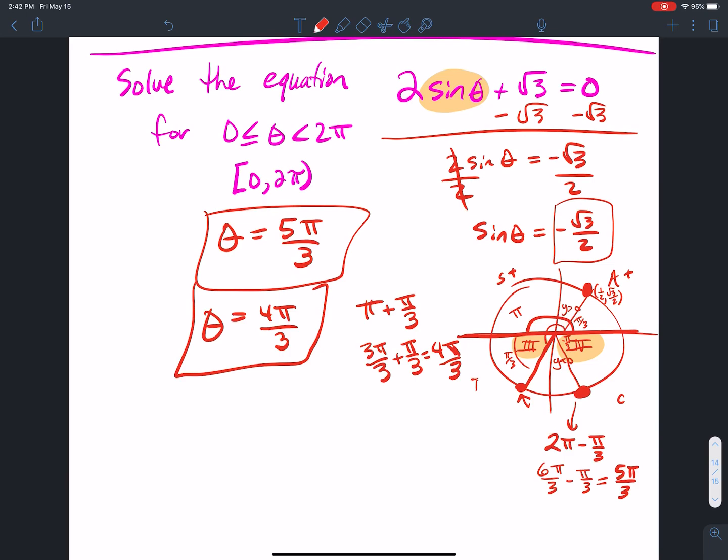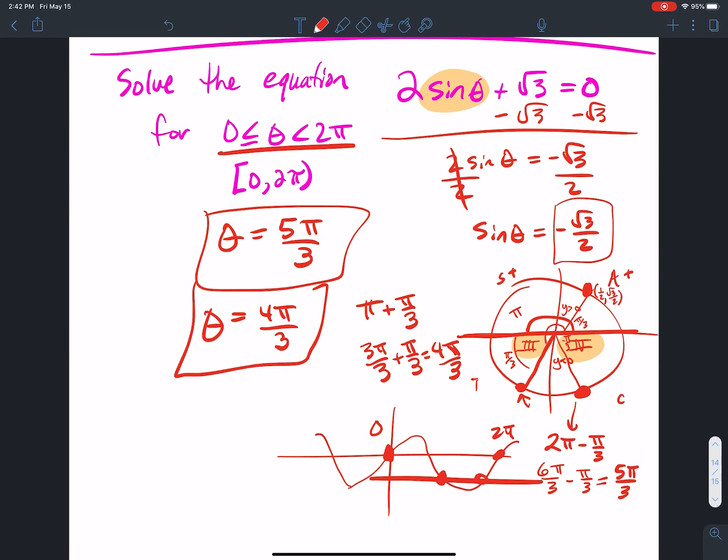Good for you if you do. On 0 to 2 pi, the only places where the sine curve equals negative square root 3 over 2 are at 4 pi over 3 and 5 pi over 3. Those are the only theta values that work.